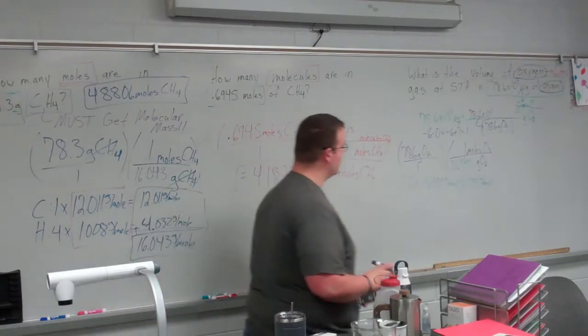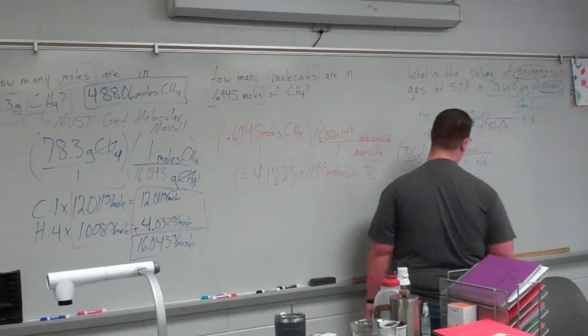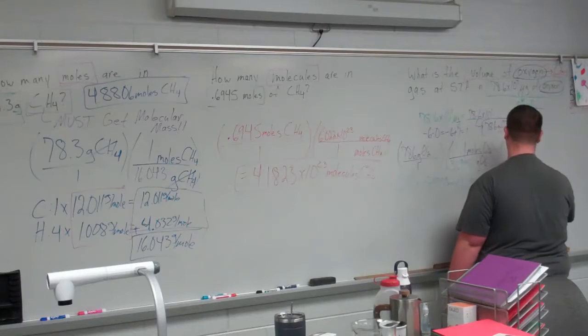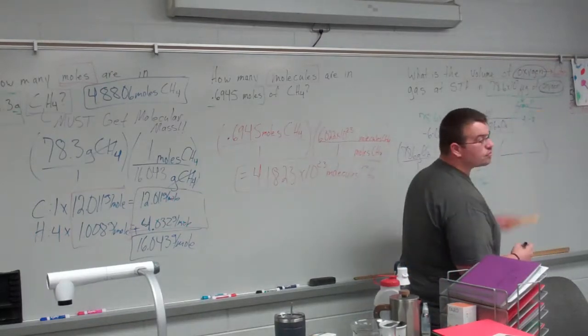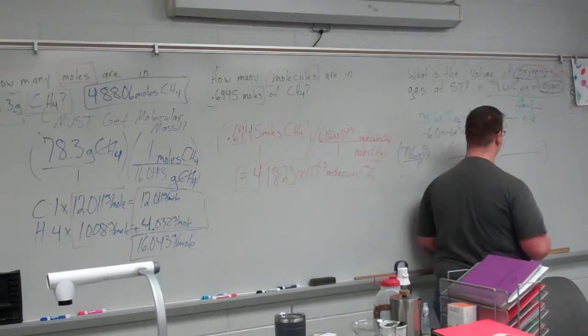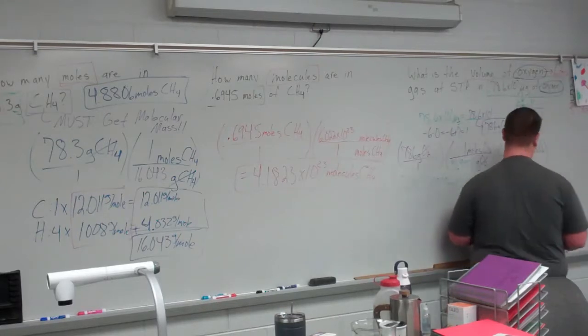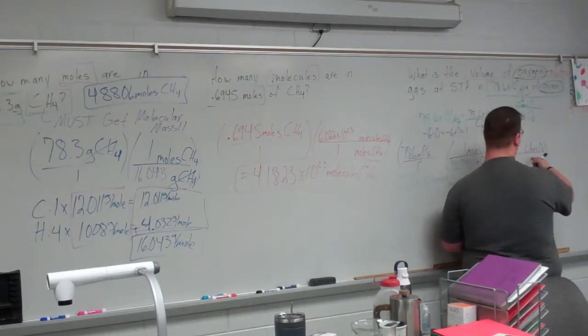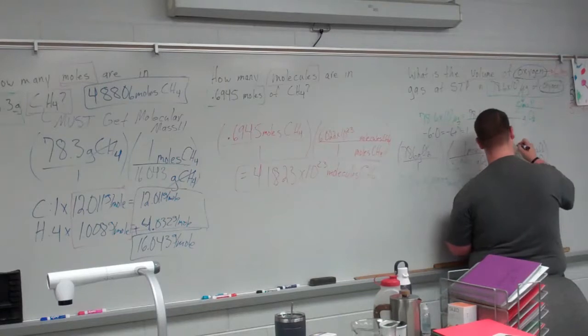So in this, I'm going to set up my other conversion factor because the grams of O2 is canceled. I'm trying to find liters of O2, so liters of O2 go on top and moles of O2 go on the bottom. 22.4 goes on top.